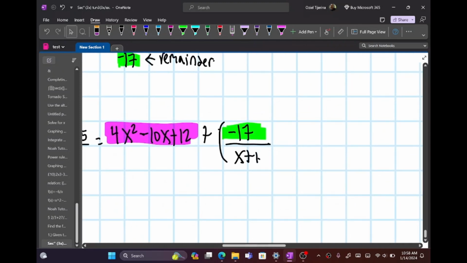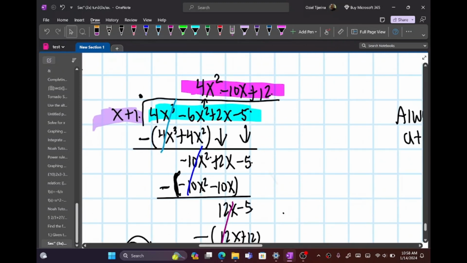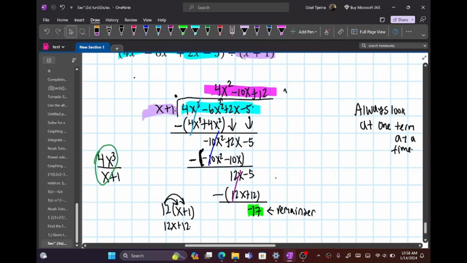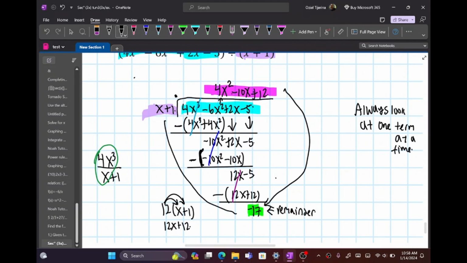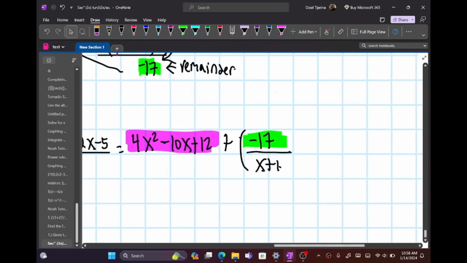So it kind of reminds me, guys, of how when we would change from improper fraction to mixed number, it is kind of like that. It's very similar. So if you know how to do that, this is kind of the same idea.